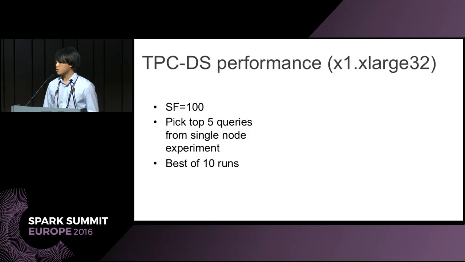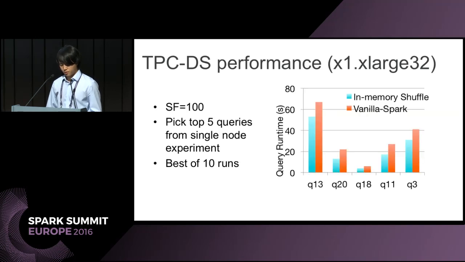We also tried TPC-DS on the 128-core X1 instances. Unfortunately, I haven't had the time to run a very comprehensive benchmark of all queries. But here we use the TPC-DS dataset with a scale factor of 100, which is around 30 gigabytes of data, and we pick just the top 5 queries from the single node experiment.